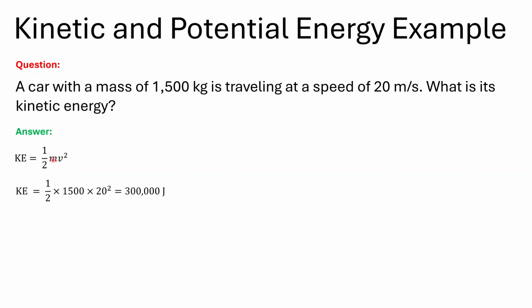So as we plug in the numbers, m, which is the mass of the object or the car, is 1,500 kilograms times the speed to the power of 2. So it becomes 1/2 times 1,500 times 20 squared, which is equal to 300,000 joules.